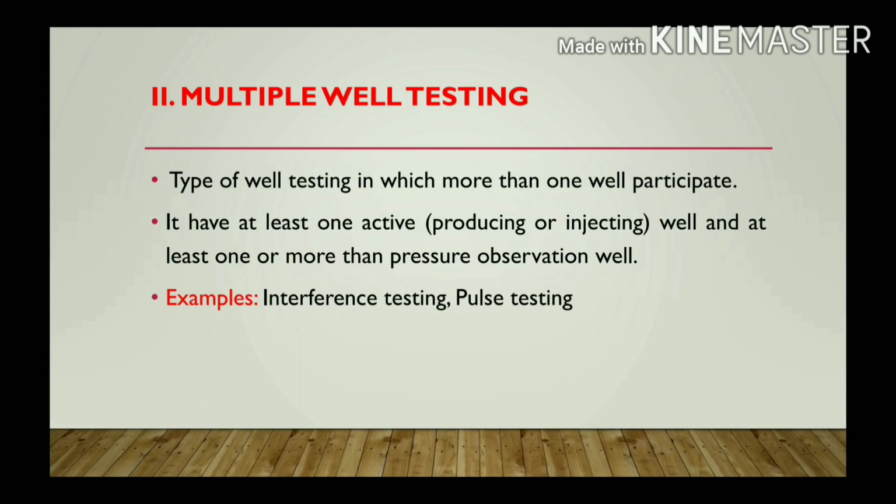Basically there is one active well and one or more observation wells. We try to create pressure disturbances in an active well and then analyze these pressure disturbances in an observation well. Examples of multiple well testing include interference testing and pulse testing.